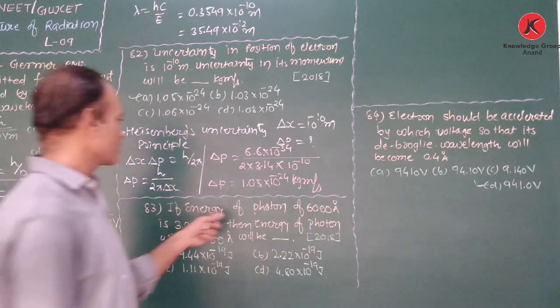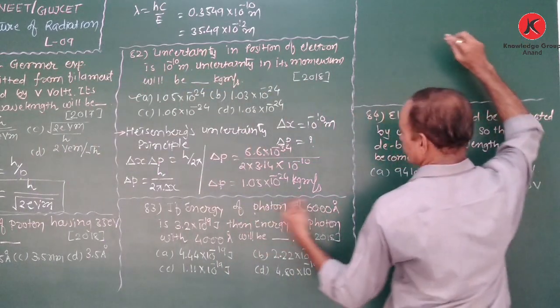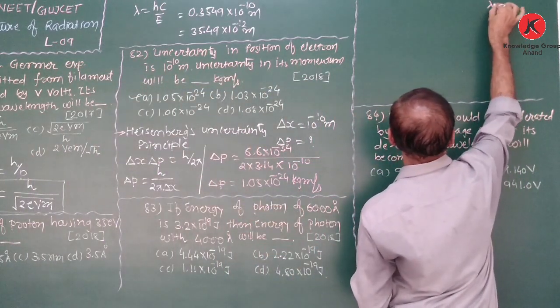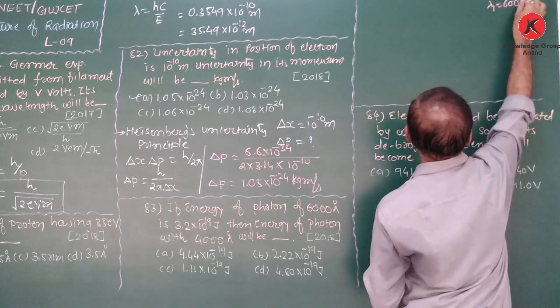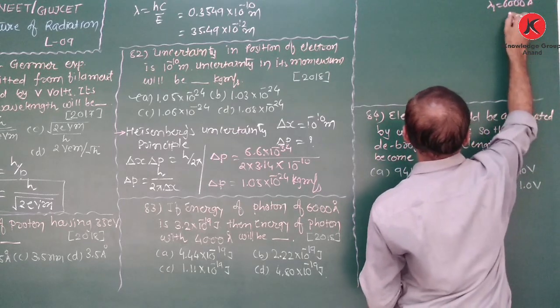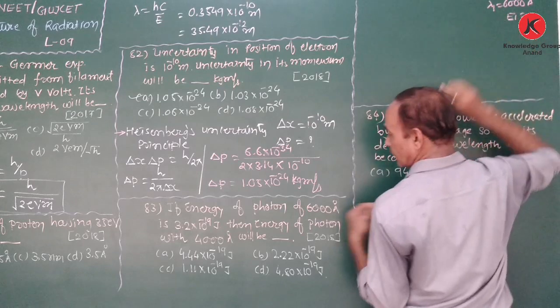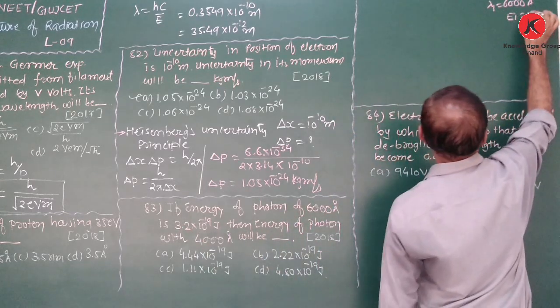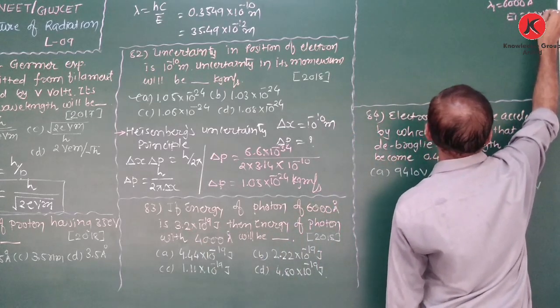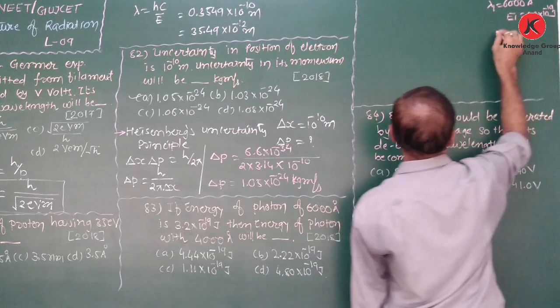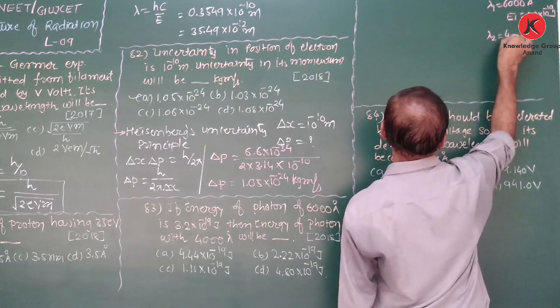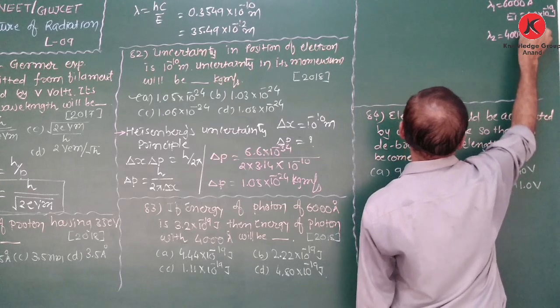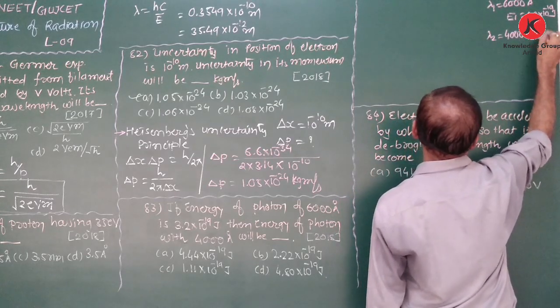Now we know that when the lambda 1 wavelength is given 6,000 angstrom, at that time the energy E1 is equal to 3.2 into 10 is to minus 19 joule. When the lambda 2 is equal to 4,000 angstrom, we have to find out the E2.